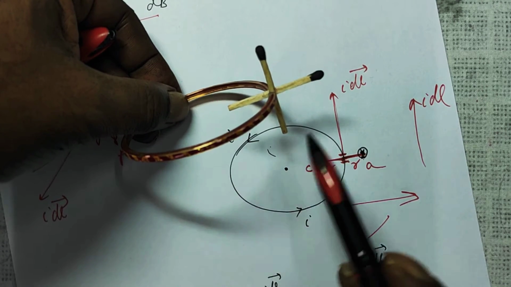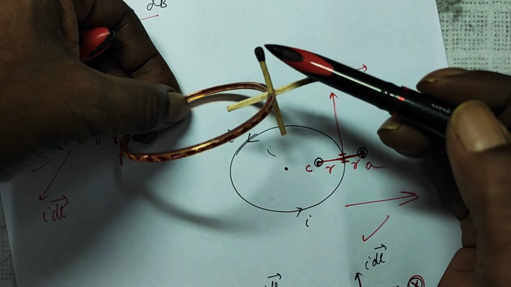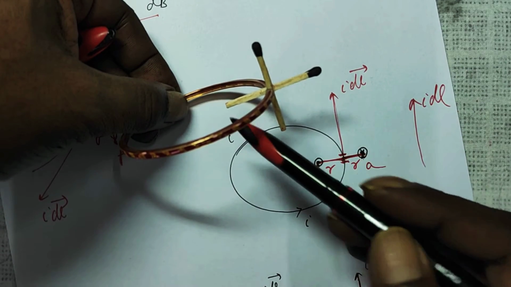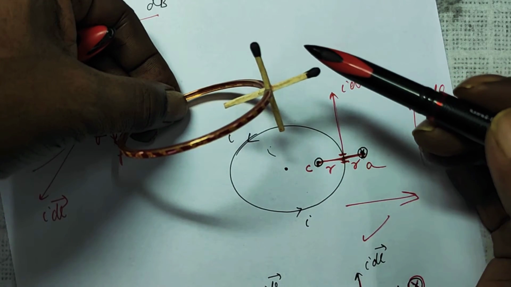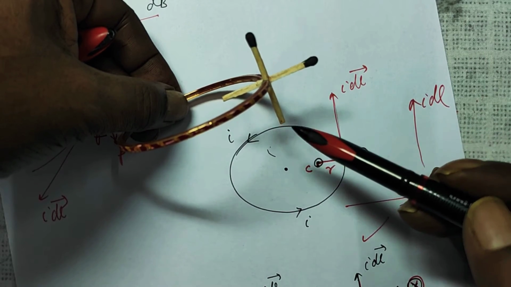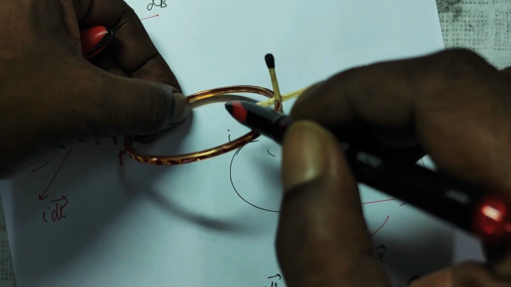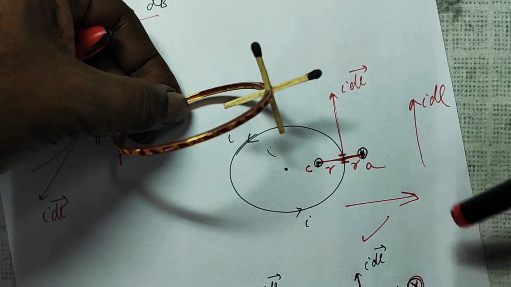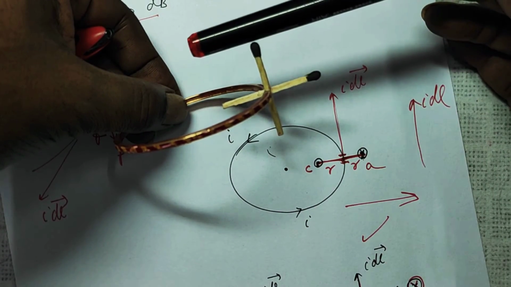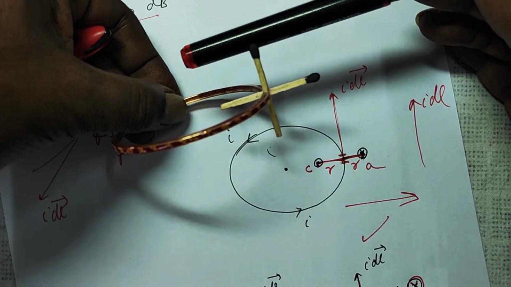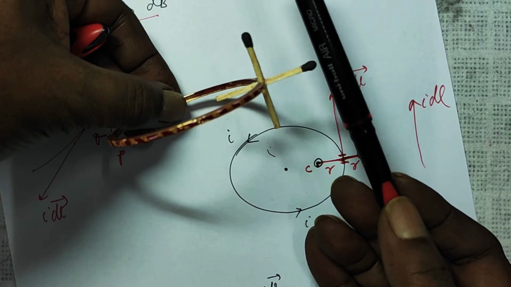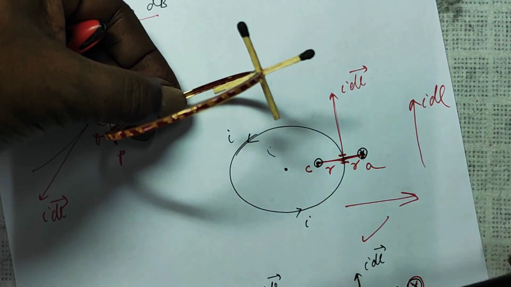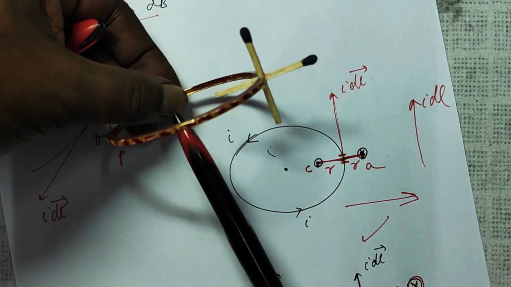Means if you join these points with a circle like this, the tangent at each point will give you the direction of the magnetic field.